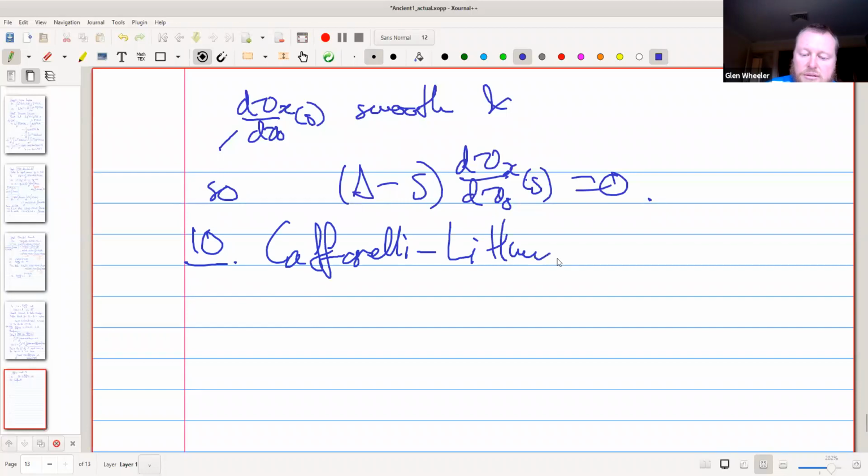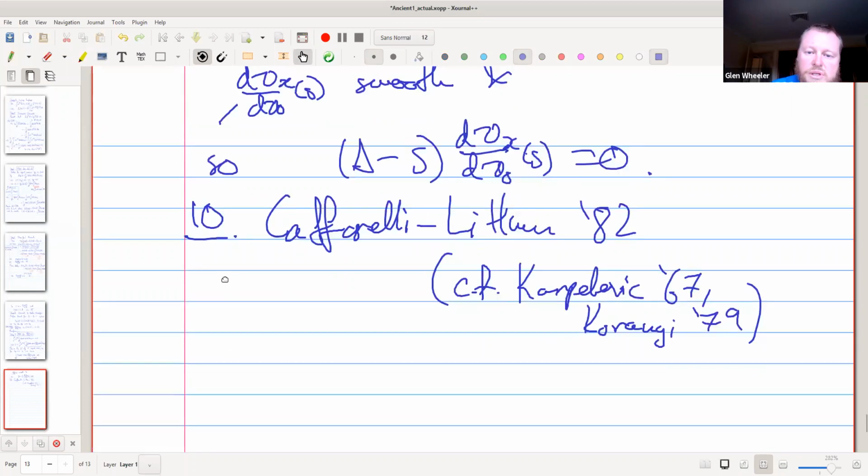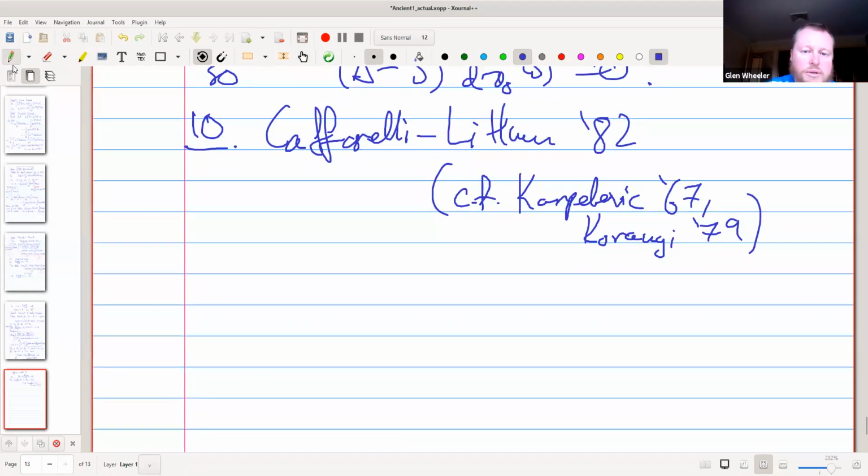But Caffarelli-Littman in '82, and if you are really interested in this stuff, you should also check out Karapetyants from '67, and Korányi from '79. Caffarelli-Littman directly deal with this equation, whereas Karapetyants and Korányi are looking at slightly different settings, but the ideas are very similar.